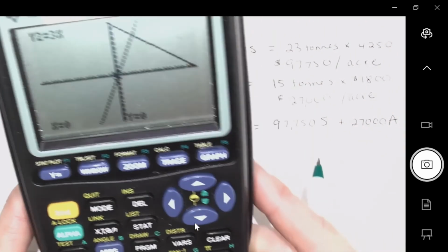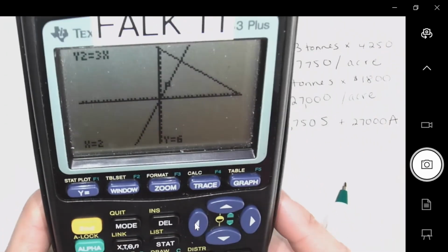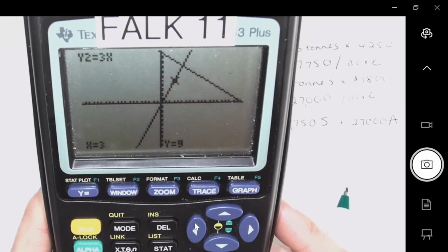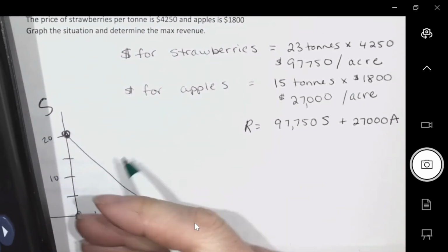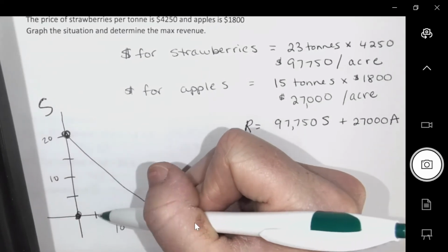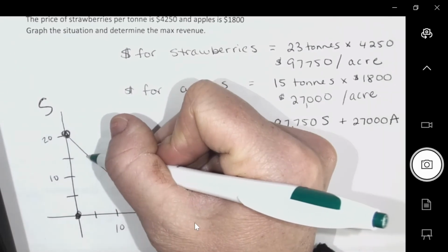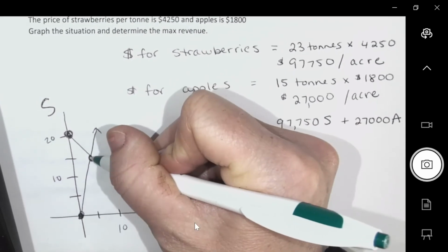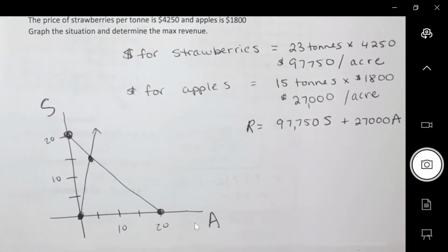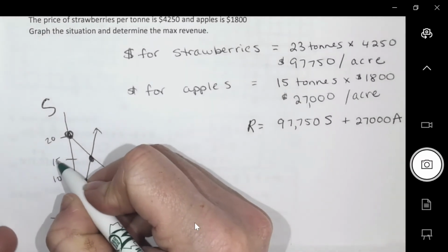So 0, 0 is on that line. 1 comma 3, 2 comma 6, 3 comma 9. So I don't know what you want to use to graph it. 5 comma 15. I like that one, 5 comma 15, because I went up by 5, so that helps.